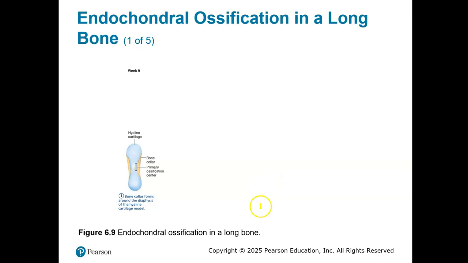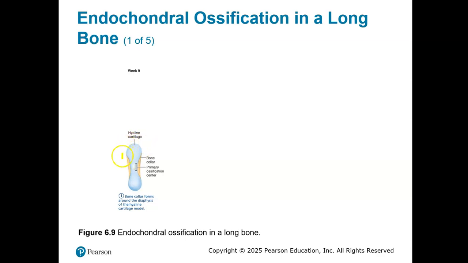So the first thing that happens, you can see this is just a typical long bone, and this is week 9 of development. This is when the fetus is 9 weeks old and still in the mother's womb or uterus developing. So this is early on, because you got 40 weeks, so this is just within the first 10 weeks of development.